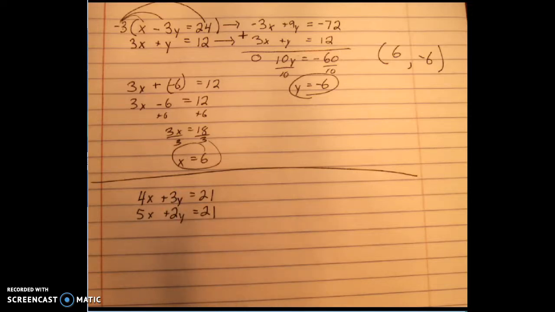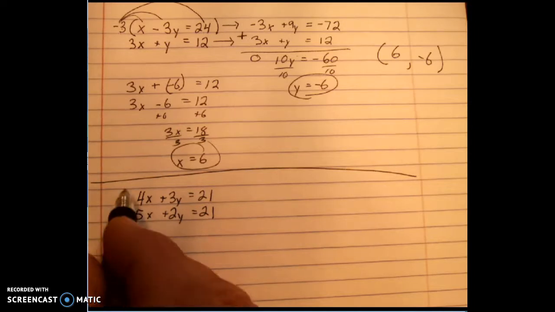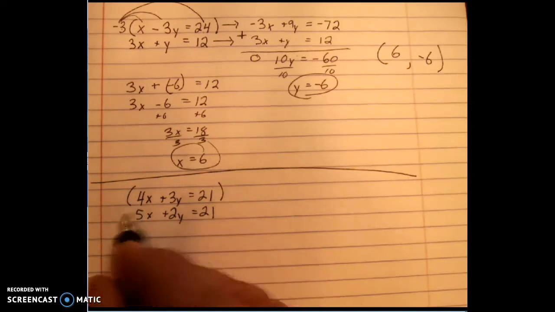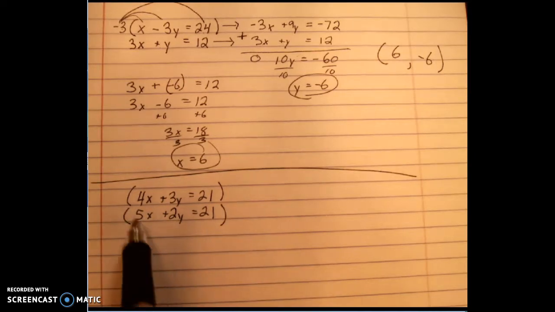Here's a little trick that always works, because I know some of you are not real great with your multiplication facts. One method that always works is to multiply both equations by a number, and we just flip-flop.